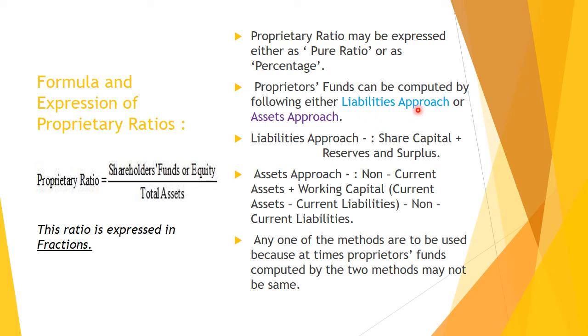So if the details of assets are given, then you have to add the assets, that is, non-current assets. What are non-current assets? The fixed assets, tangible assets, intangible assets, investments, all those are non-current assets. Plus working capital. Working capital means what? Current assets minus current liabilities, if working capital is given, minus non-current liabilities. So if the asset approach is given, you have to follow this.